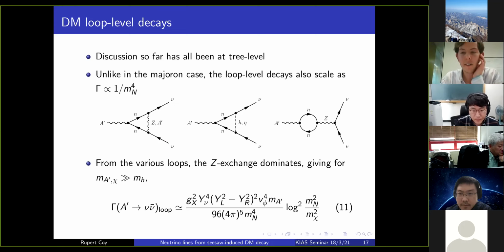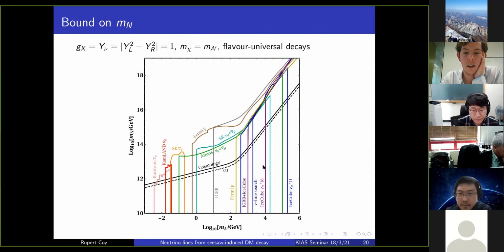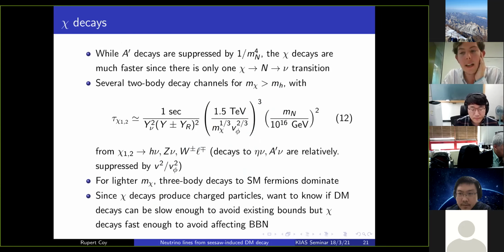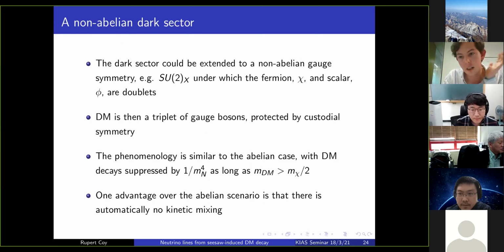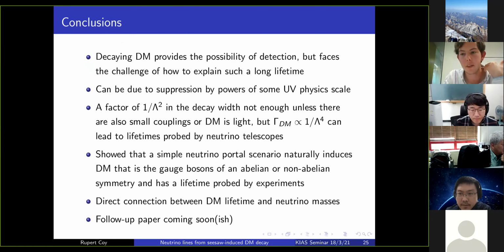But if I choose some values of couplings, then I can make a measurement and say what the seesaw scale is. This is in contrast with, say, the Majoron case, where you lose the connection because you have to introduce some extra small parameter into the dark matter lifetime, whereas you don't here. So ultimately it's not a very robust statement, but it's about saying you can see some connection.